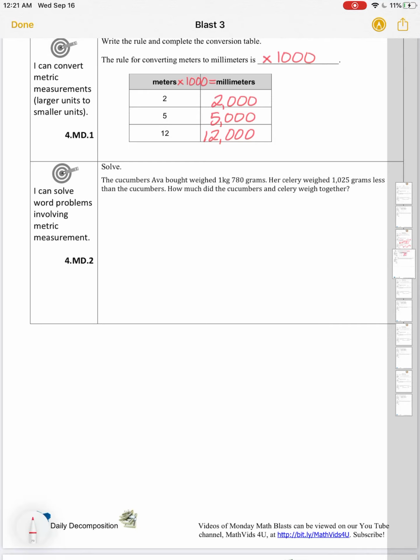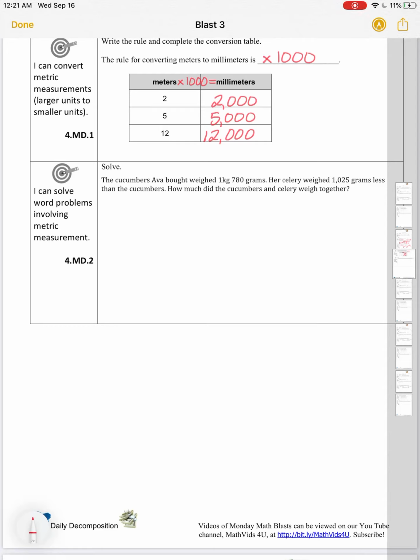I can solve word problems involving metric measurement. Solve. The cucumbers Ava bought weighed 1 kilogram 780 grams. Her celery weighed 1,025 grams less than the cucumbers. How much did the cucumbers and celery weigh together?